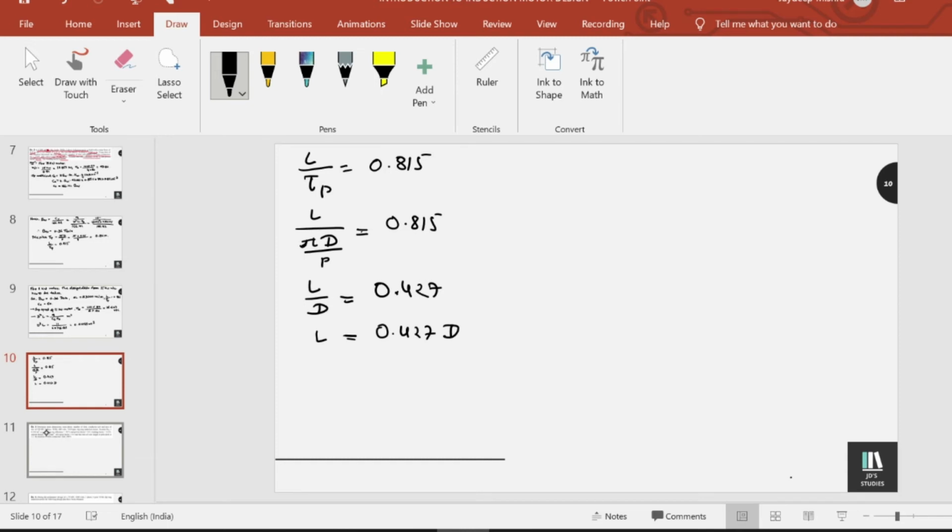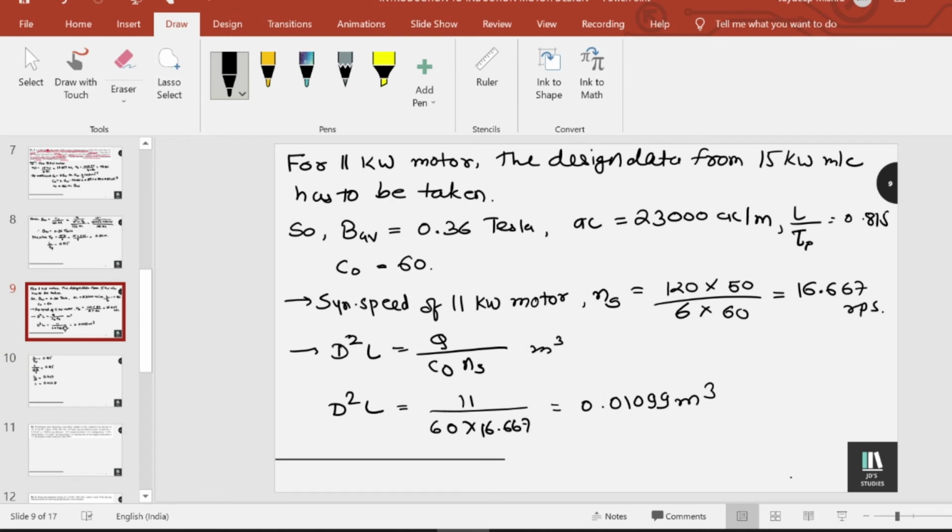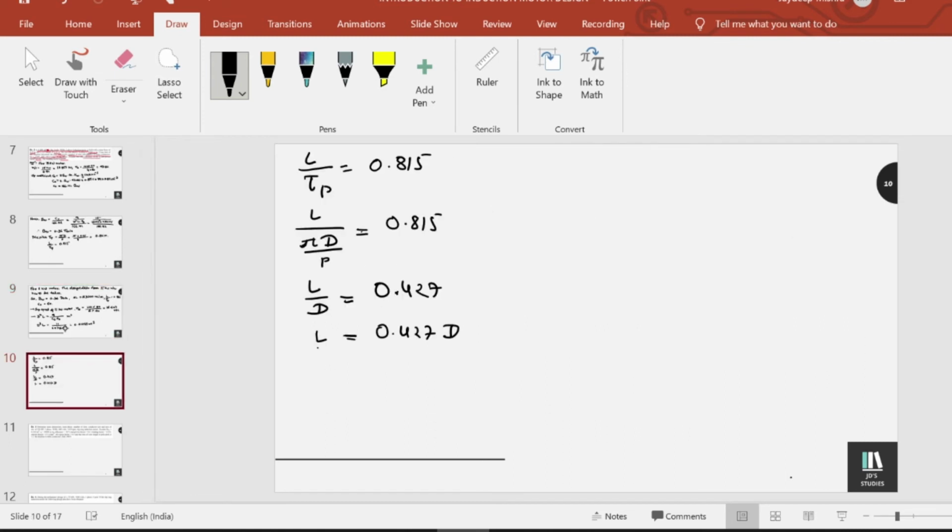Put this value of L in the equation of D square L. So what is the value of D square L? D square L is 0.01099 meter cube. Put this value of L in this equation, so we will get the value of D first.